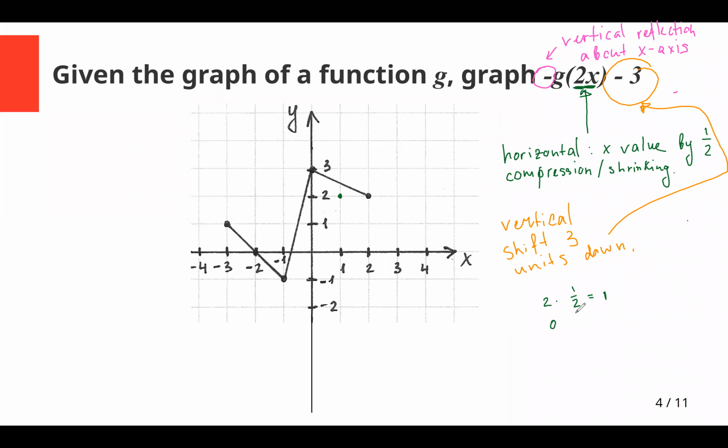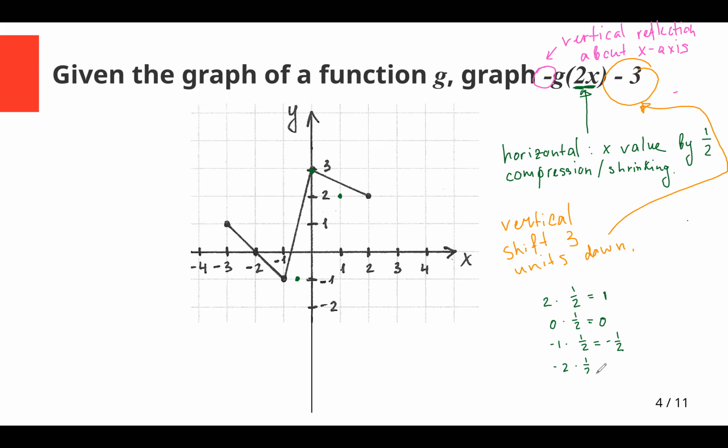Now, this point has an x value of 0. If I multiply 0 by half, it will still give me 0, right? So this one stays in place. Now, this point has the x coordinate of negative 1. If I multiply negative 1 times 1 over 2, I'll get negative half, right? So from here, it moves over here. Now this point has the x coordinate of negative 2.